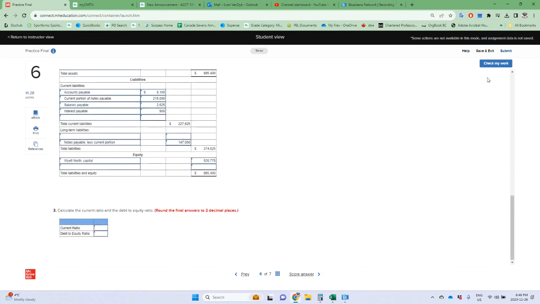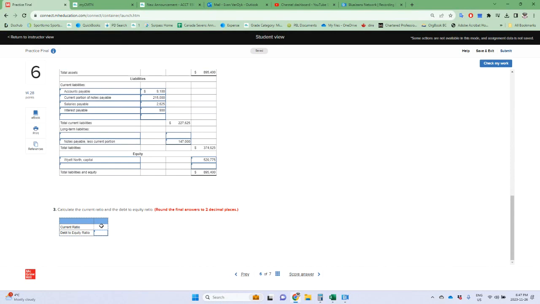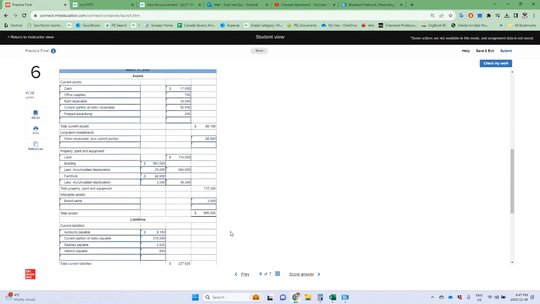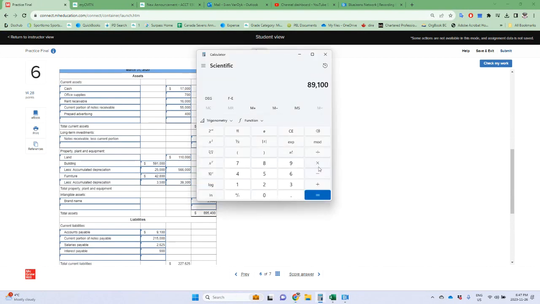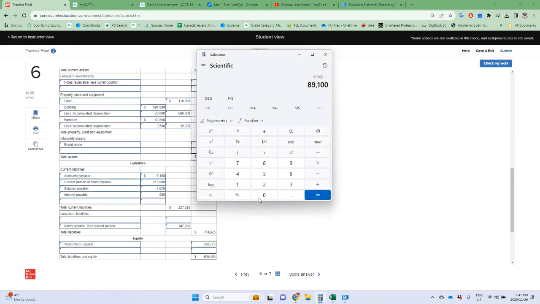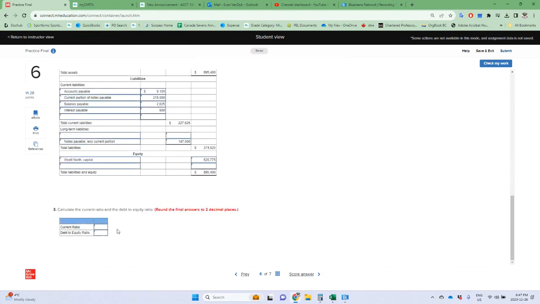Okay, and then it just wants to know the current ratio and the debt to equity. We haven't really gone through any of the ratios. Current ratio is just the current assets divided by the current liabilities. So 89,100 divided by 227,625.39.